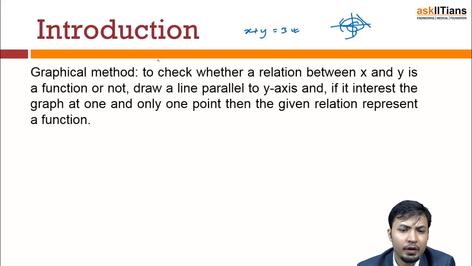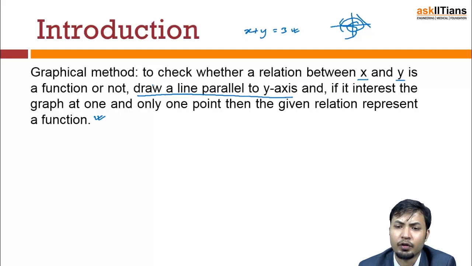What do we do with that? We basically need to check whether a relation between x and y is a function or not. How do we do that? We draw a line parallel to the y-axis, and if it intersects the graph at one and only one point, then the given relation represents a function.